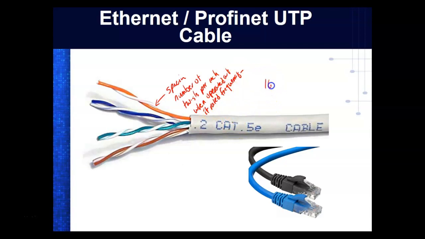So if it's rated at 100 megahertz, that means this information is flowing at 100 million bits per second. That's what the cable can be rated at.